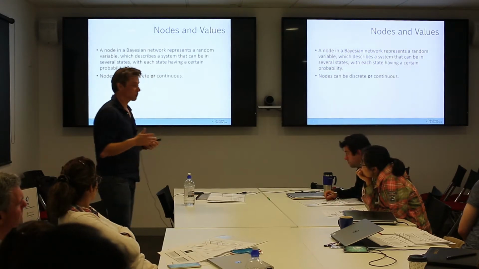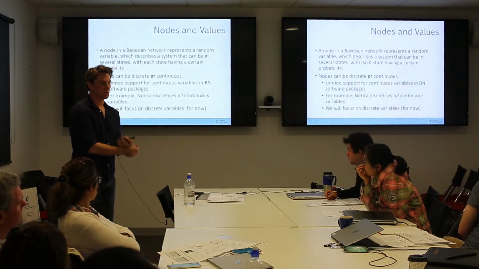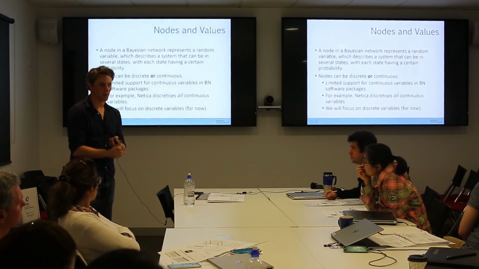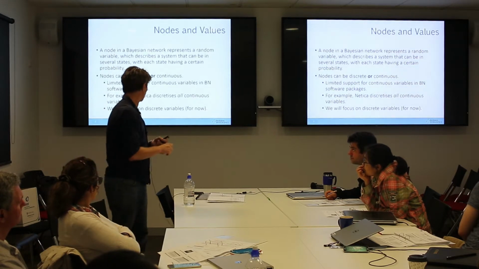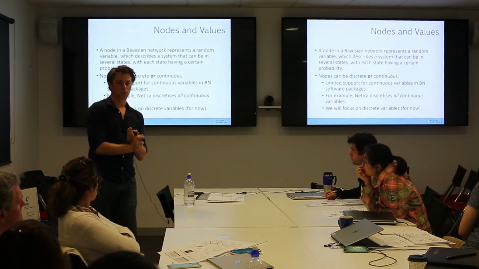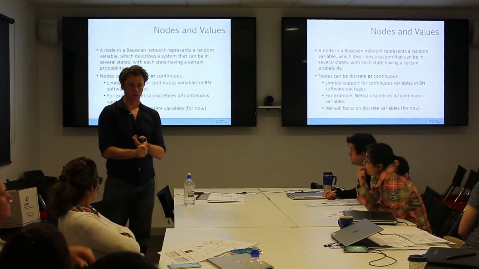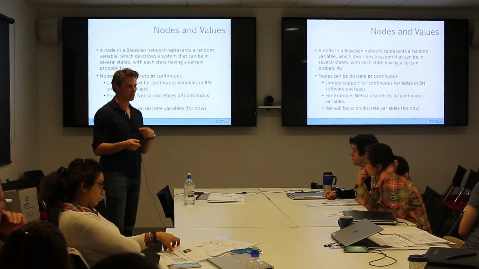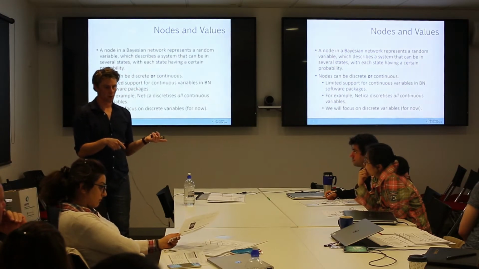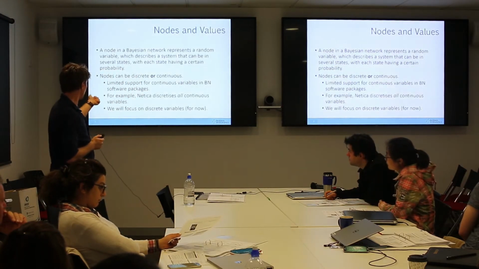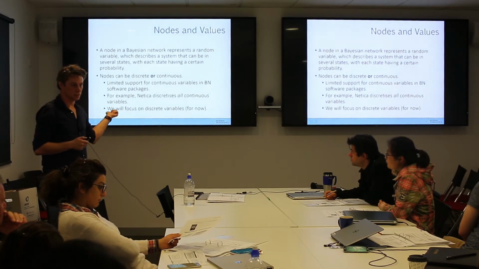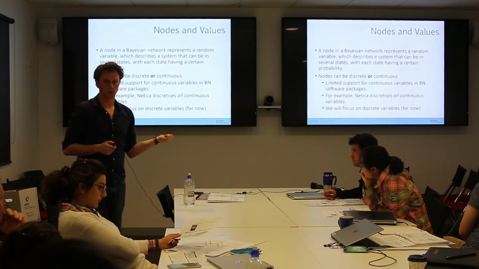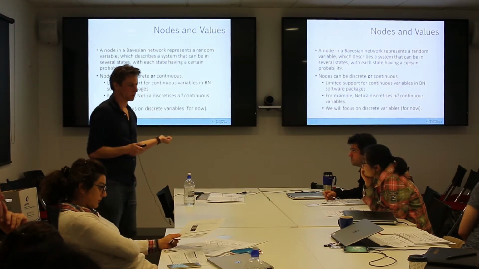Most of the tools support only discrete Bayesian networks, and there's a reason for that, because we can do that exactly and fast, and it's a lot easier. Genie is one of the ones that can handle continuous variables, and it does that by doing some smart, fancy thing to discretize the continuous variable. In Netica, and for the exercises for this session, we're just going to look at discrete variables, and I think for your BARD project you're going to be mostly involved with just discrete variables as well.